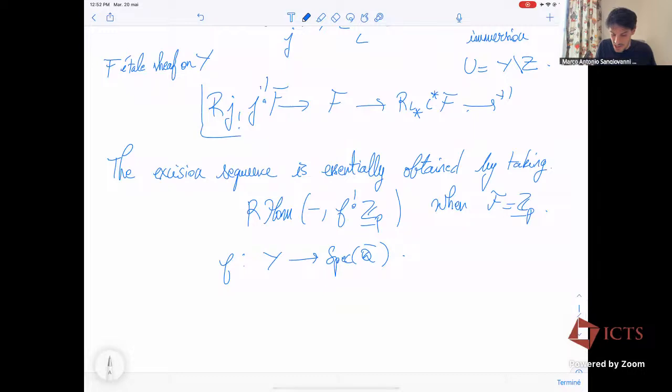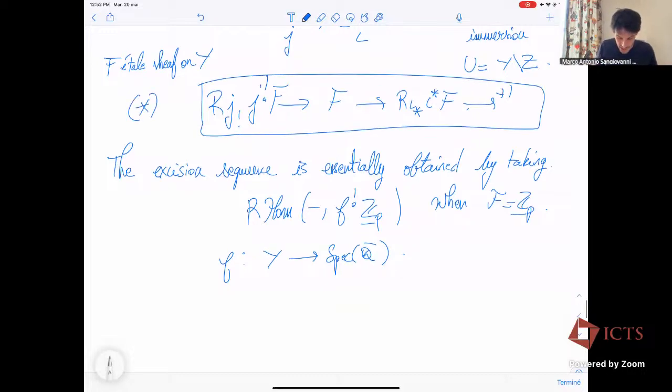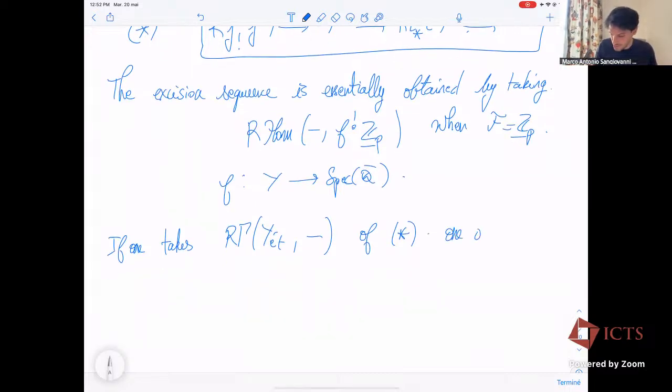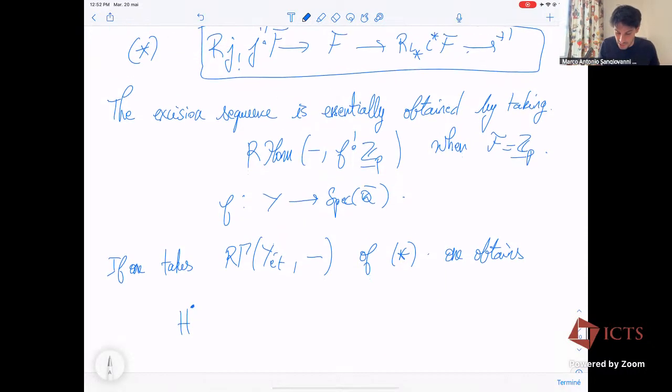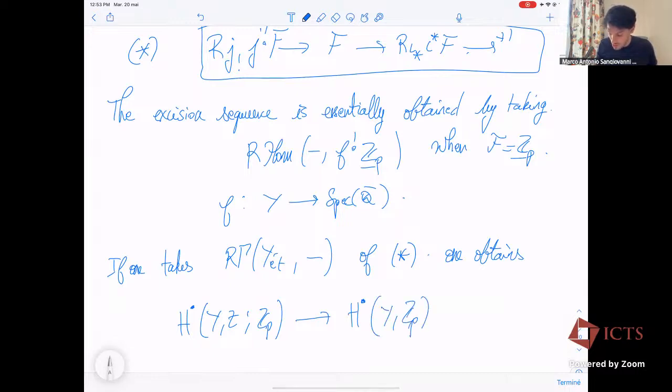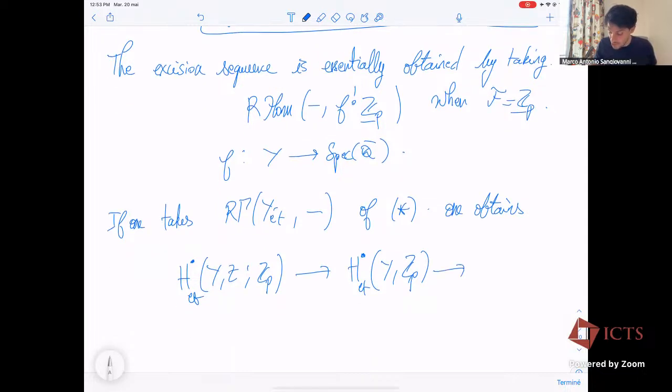But this sequence, in this sequence star, if one takes R Gamma of Y étale of the sequence star, one obtains the defining long exact sequence, which is H bullet of Y relative to Z, with coefficients in Z_p, goes to just the cohomology of Y, goes to, and this is by pullback, the cohomology of the closed one.